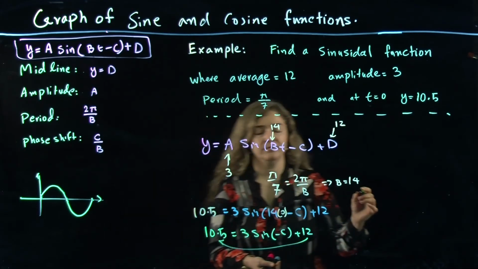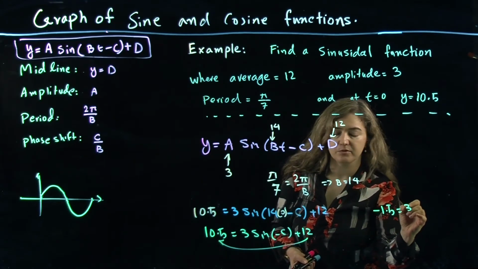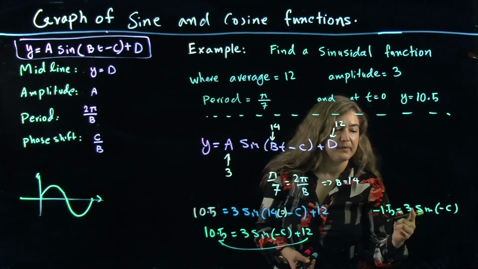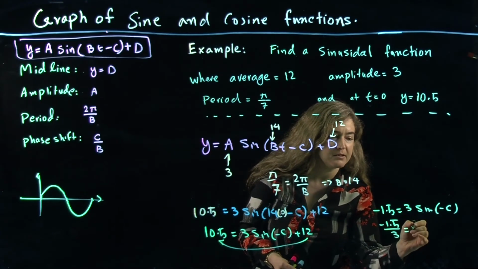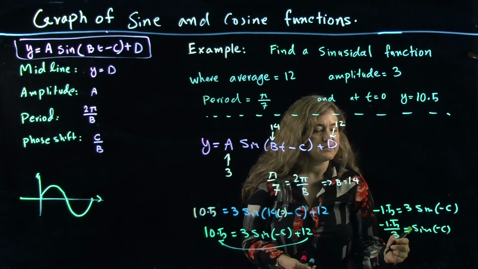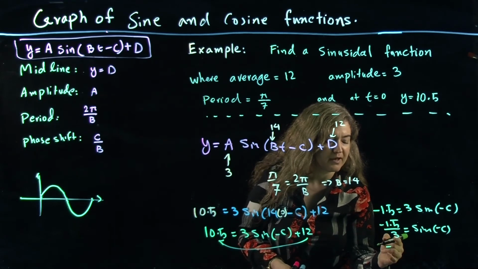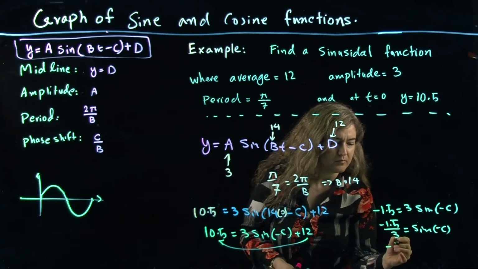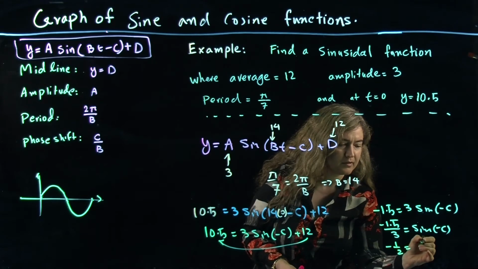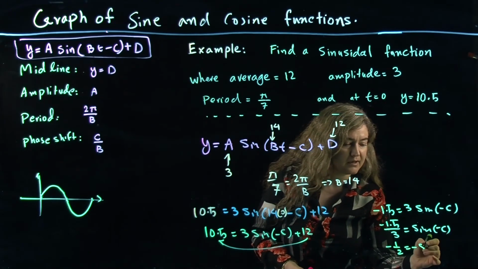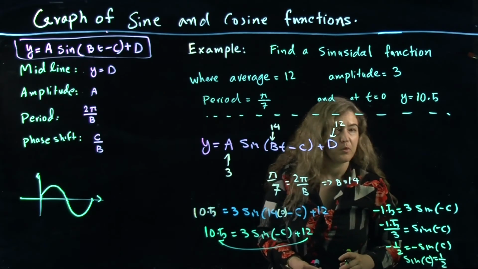So I'm subtracting 12 to get negative 1.5 is equal to 3 sine of negative C. Divide negative 1.5 by 3, and that is equal to negative 1/2, which equals sine of negative C. Sine of negative C is negative sine of C. So sine of C is equal to 1/2.